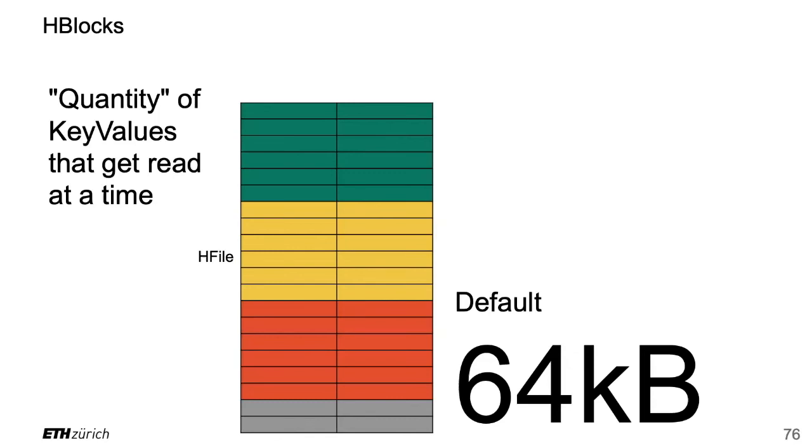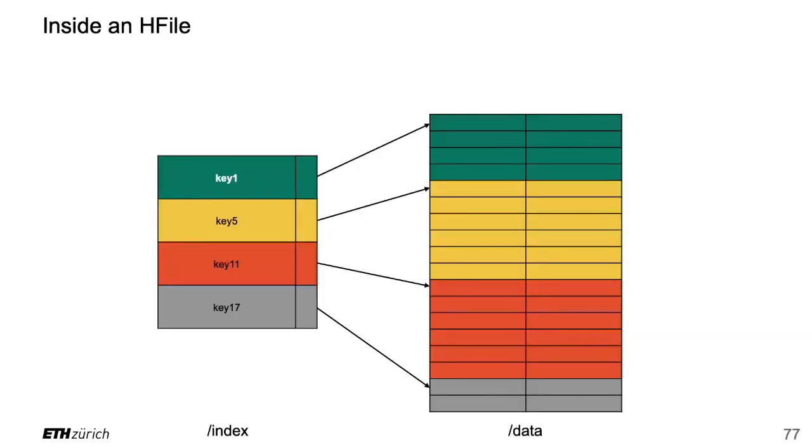So it might be that a block is larger than 64 kilobytes. In fact, since I told you that a value can be as large as 10 megabytes, you could have H blocks of 10 megabytes, just because you have a value that stretches it all the way. But if you have plenty of small values, then that's going to be 64 kilobytes, okay?